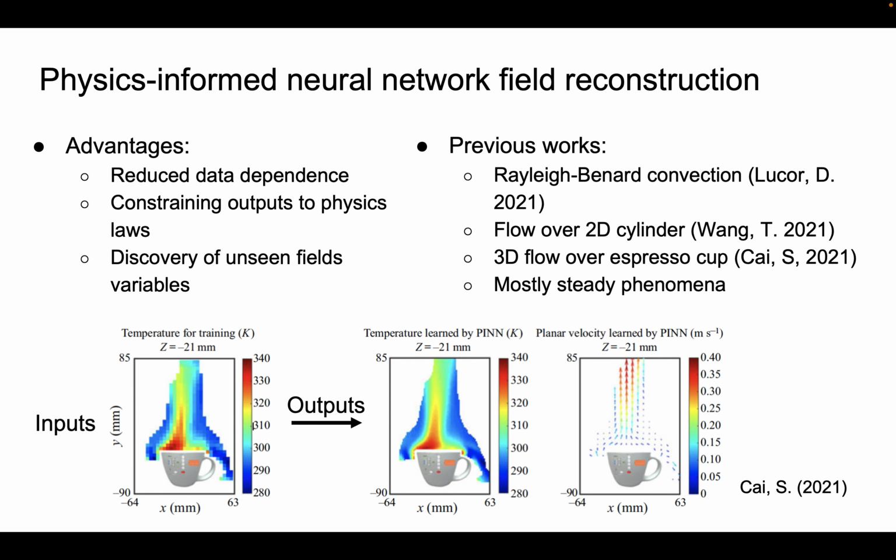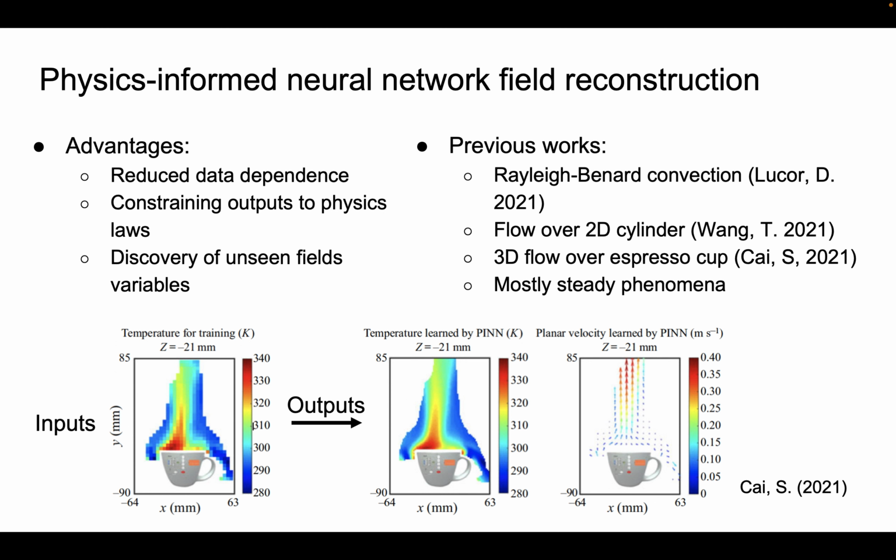And so some work that has been done on this before includes Rayleigh-Bénard convection, so we're looking at convection cells within a 3D domain, and flows across a 2D cylinder. And in this case here, the figures I'm showing are from this third paper of 3D flow over an espresso cup. So the input here is some sparse temperature map, and then the output we can see is a more smooth and continuous temperature map.